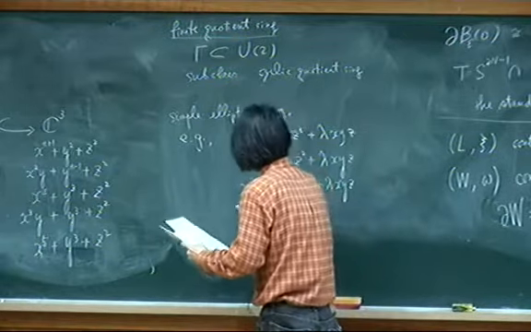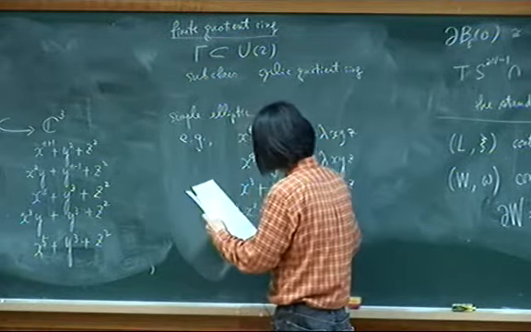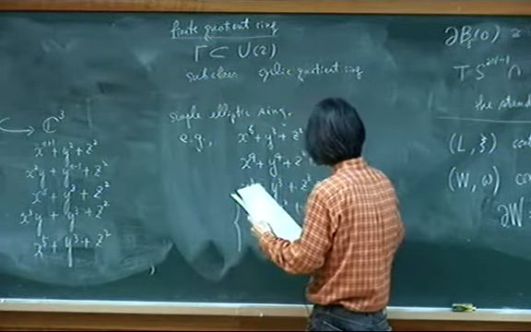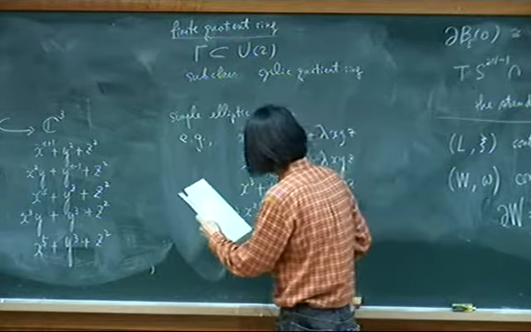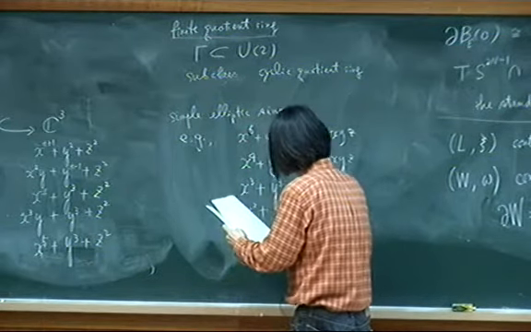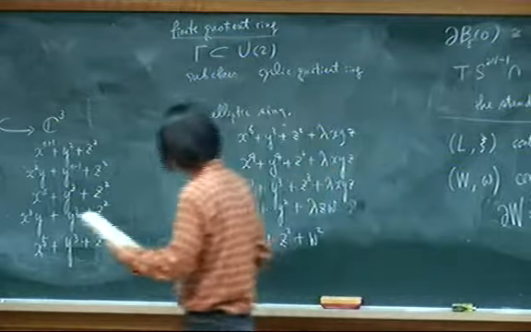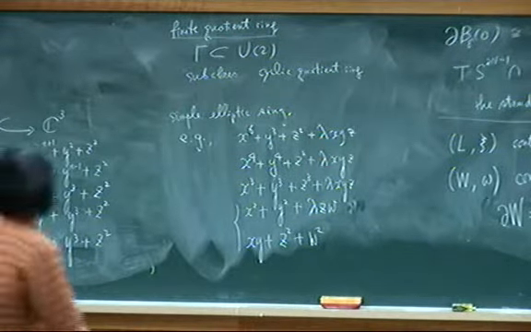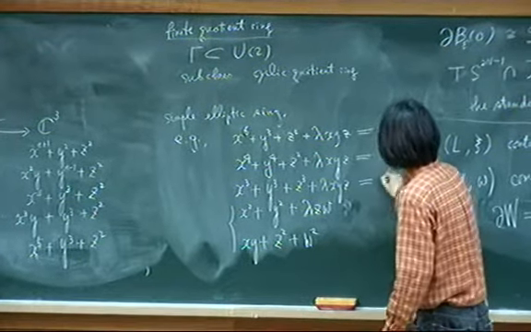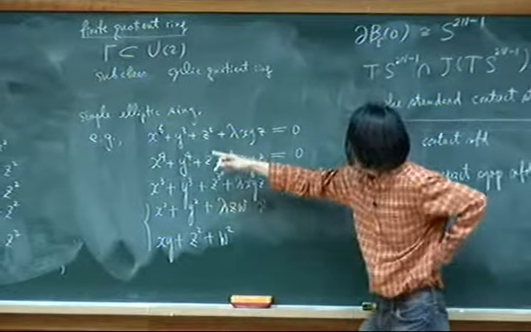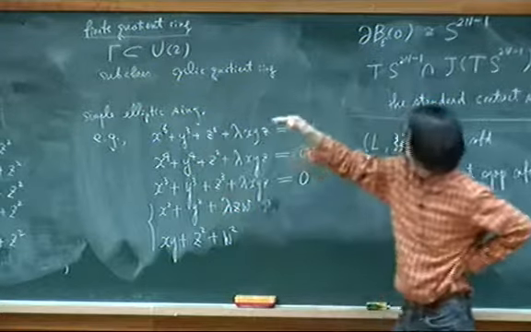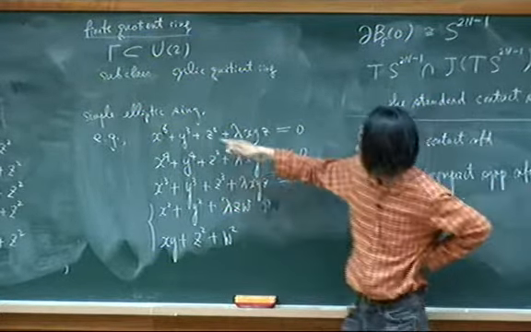Okay, and xy + z^2 + w^2. Okay, something like this. So for these three, I should write the defining equation, so I should write these are equal to 0. So this is a defining equation in three variables. It gives us a hypersurface in C^3, so therefore a two-dimensional object.